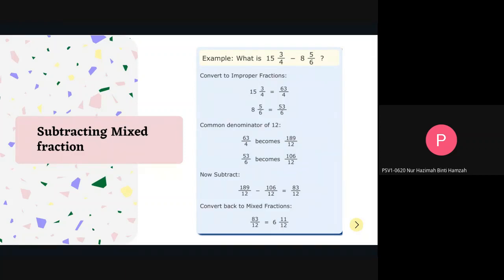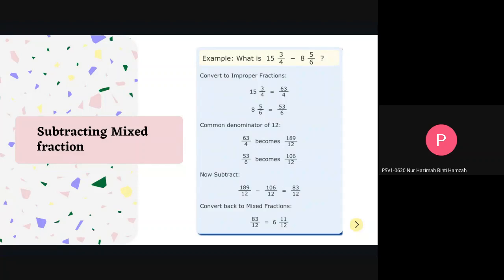Then when we get the answer, we have to make the denominators the same, because we can see that the denominators are not the same, one is 4, one is 6. So we have to make the common denominator 12, which is 63 over 4 becomes 189 over 12, while 53 over 6 becomes 106 over 12.